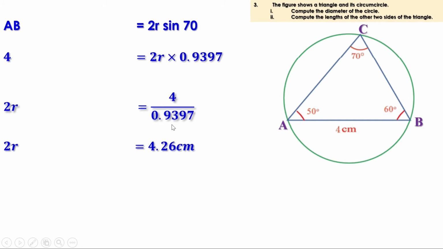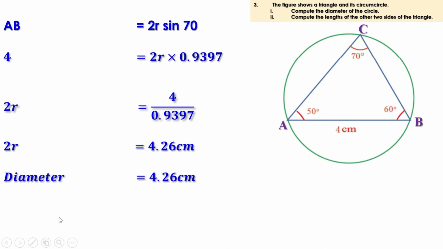For that you can multiply both numerator and denominator by 100. You will get 400 by 94. When you divide like that, you will get an approximate value which is almost equal to the value when 4 is divided by 0.9397. Anyway, 2 times radius is approximately equal to 4.26 centimeters. 2 times radius means diameter. Therefore, the diameter is 4.26 centimeters.